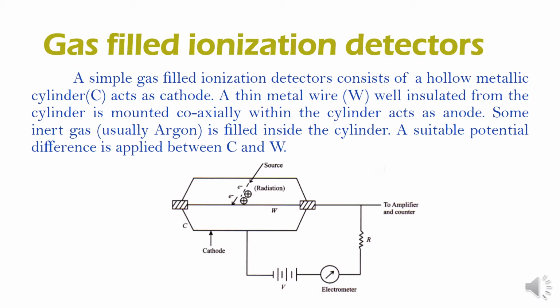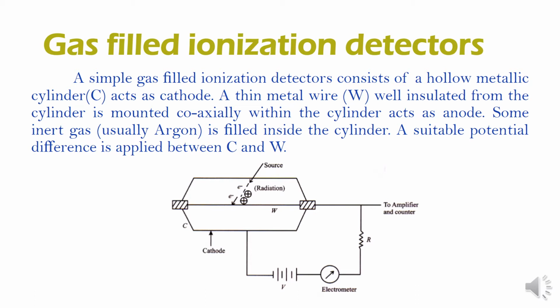And we have a thin metal wire W which is fixed along the axis of the cylinder. Look at the diagram. W is nothing but a thin metal wire fixed along the axis of the cylinder, and it is not in direct contact with the cylinder.